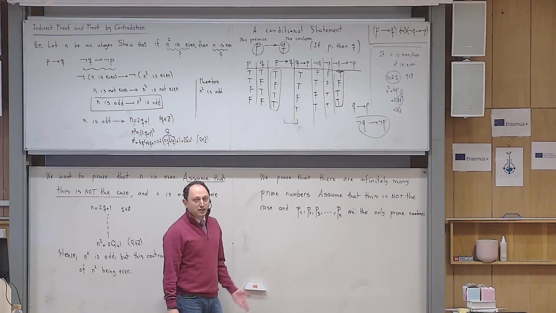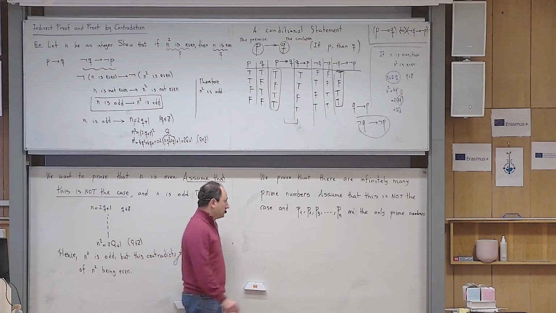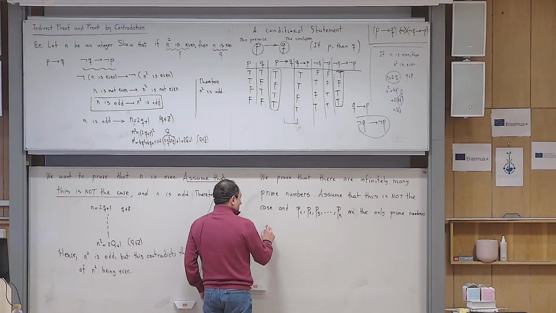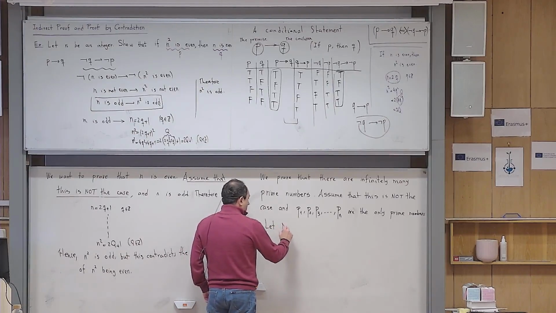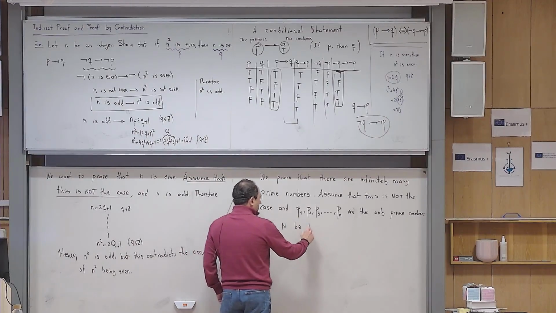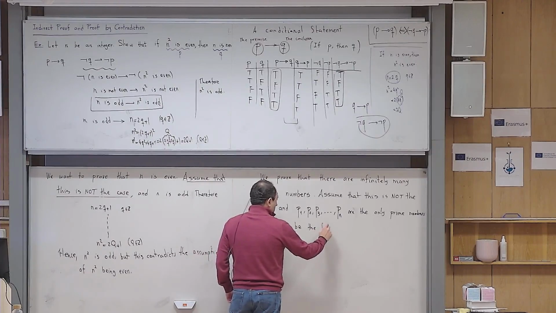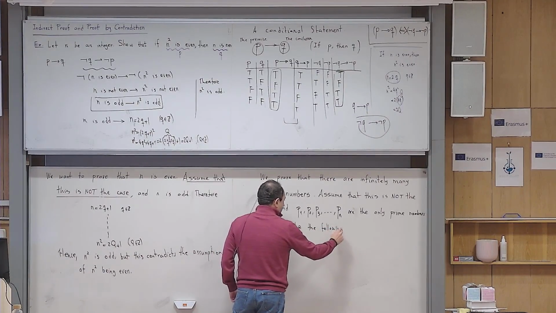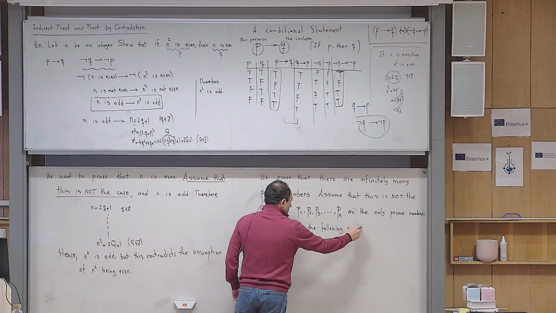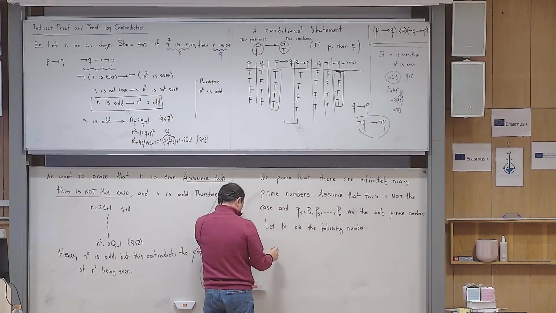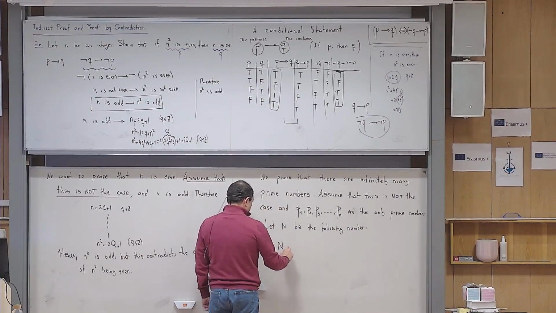He constructed a very peculiar number. He said, okay, let n be the following number. And this is his creativity, actually.